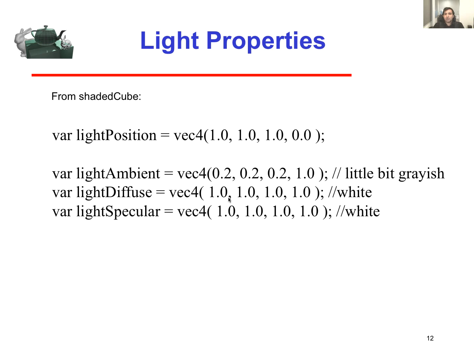They are both 1, 1, 1, so they represent the color white. And for ambient, we put a little bit of gray color. We have 0.2, 0.2, and 0.2, and that represents a little grayish kind of light. So if we're gonna see any color in our objects, it's because the materials of the objects absorb differently from red, green, and blue.